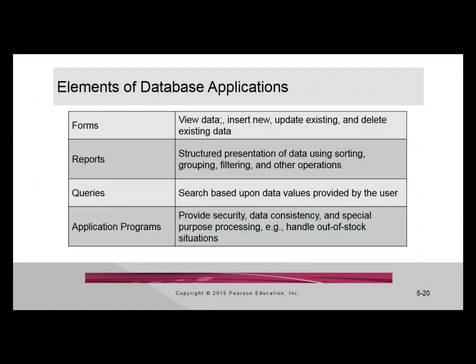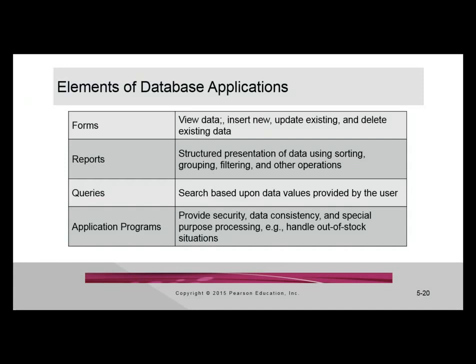We also said that database applications, which are applications that we build on top of a database, typically have these aspects. Forms, and we'll build some forms today. Forms are a visual, better way of interacting with a database table. Reports, which are a more structured way to look at data than a table or a list.